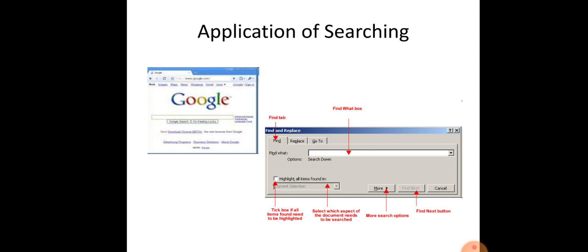In find, we have a tab to enter what to find, more searching options and find next buttons. So the same simple concept is used in find and replace also. So this is about the linear search and binary search techniques. Thank you, students.